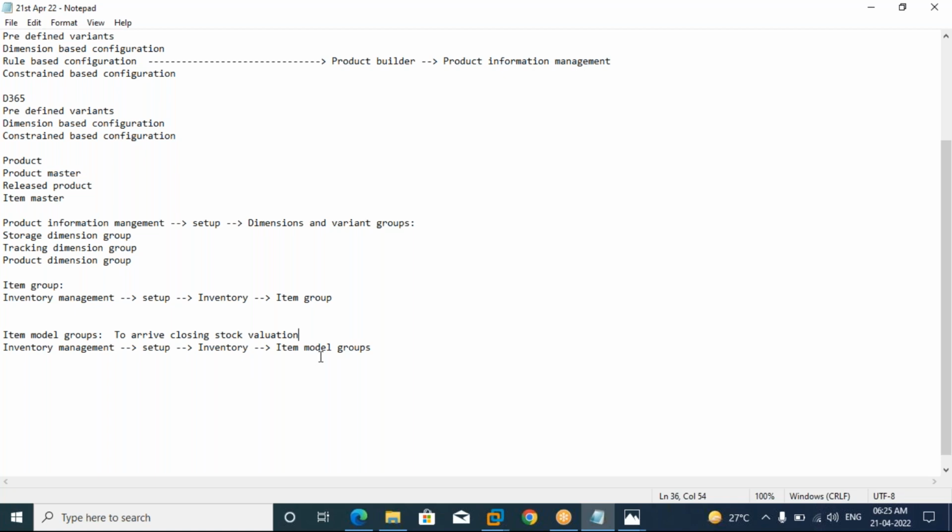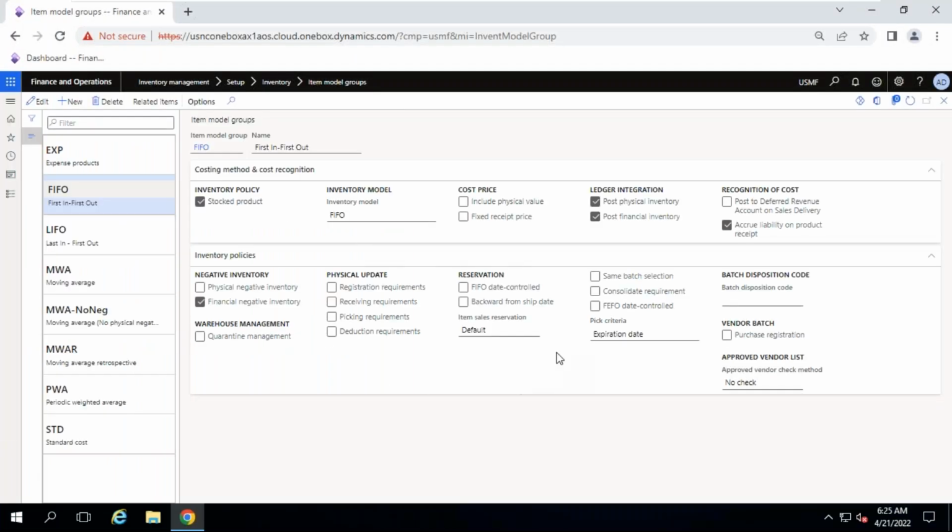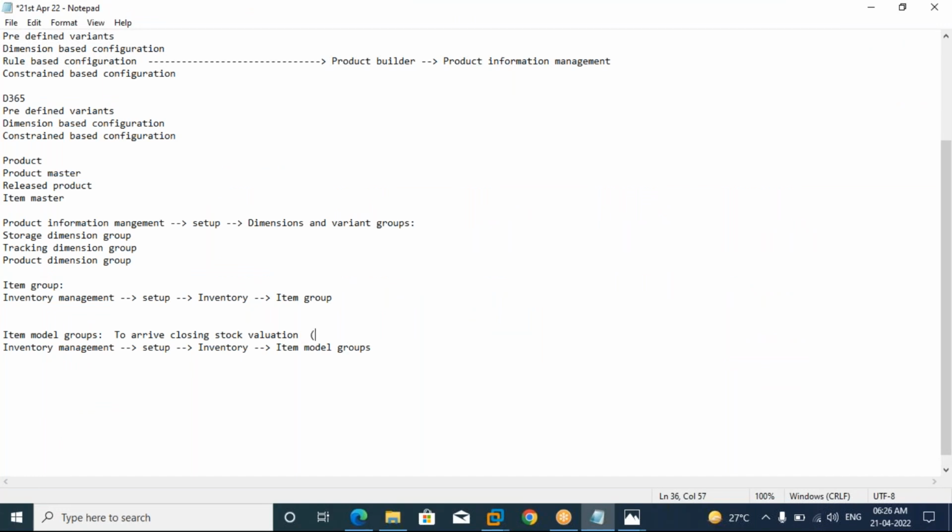Not only this one, but to understand this item model group will take a minimum of 1.5 hours. I need to explain each and every checkbox. I usually compare this to the human heart. How important the heart is to a human being, or any animal: to live, the heart is important.